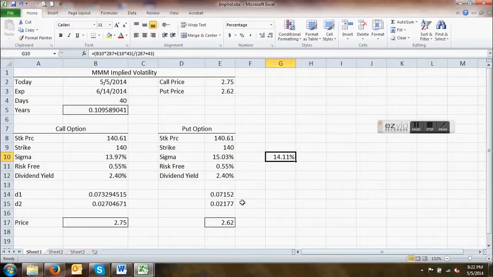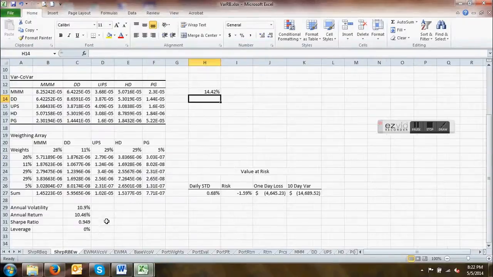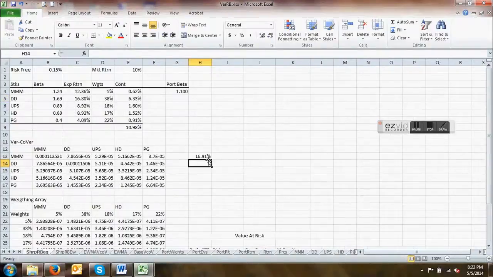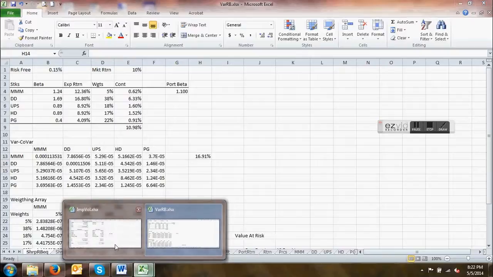As opposed to our equally weighted volatility measure here, which is at 16.91. So the equally weighted volatility is higher. In other words, it's estimating more risk than what is implied from the option pricing model.